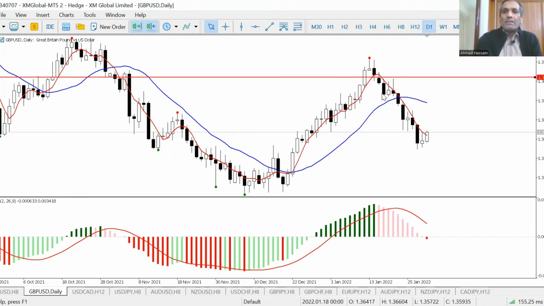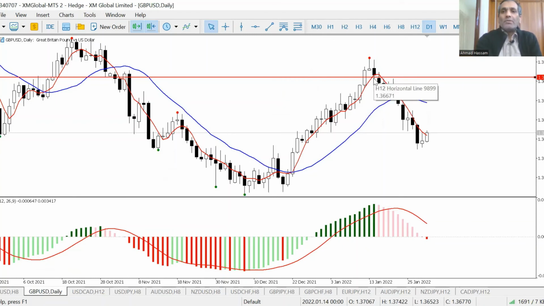Every bar is giving you a potential support and resistance level. For example, this bar is giving you a resistance level of 1.37476 and a support level of 1.36965. This bar tries to break the resistance, but then it breaks the support.